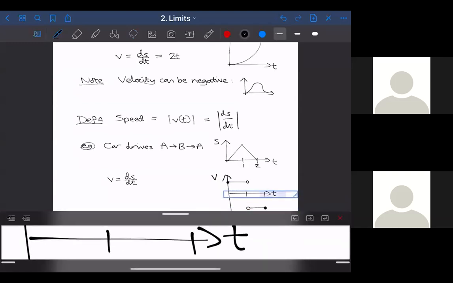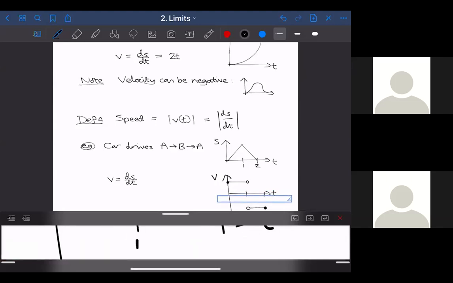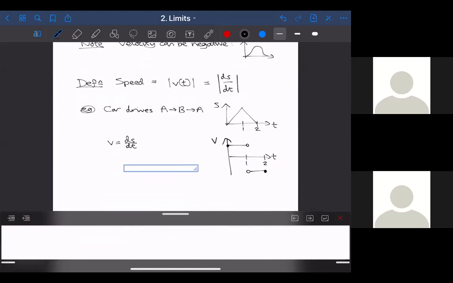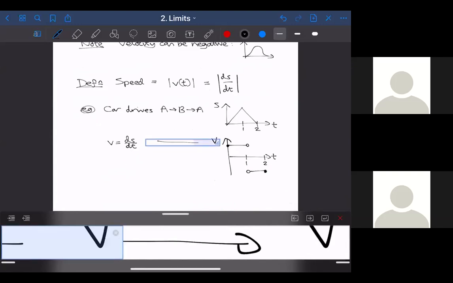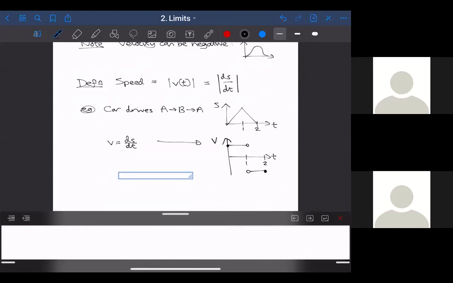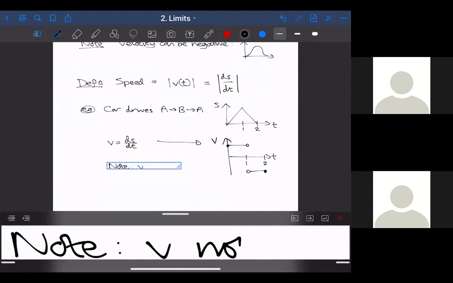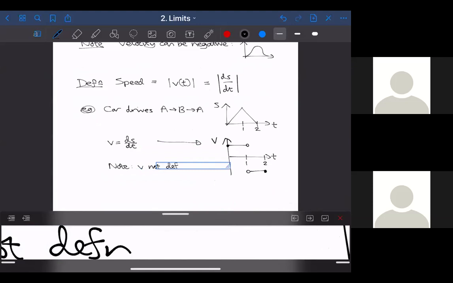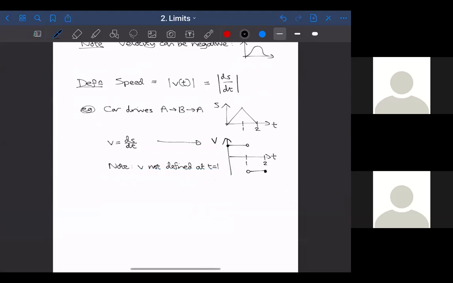But from time 1 to time 2, the velocity is -1. Okay, so v is ds by dt, which gives this graph. And note, v is not defined at t equals 1. Okay, let's take a break.